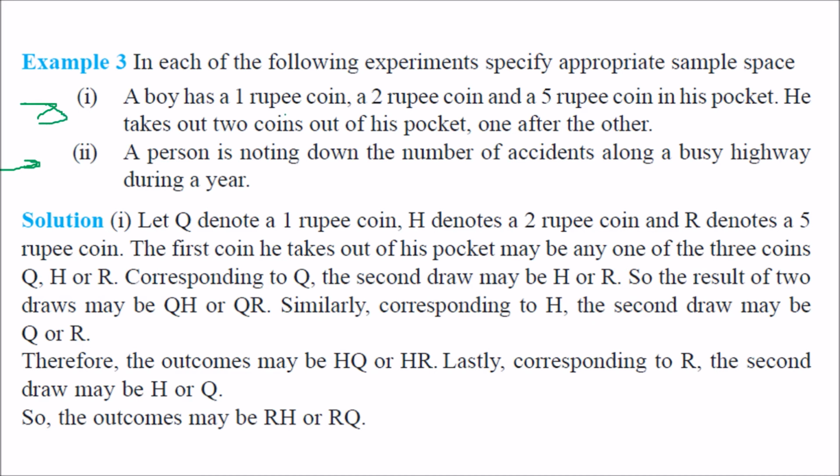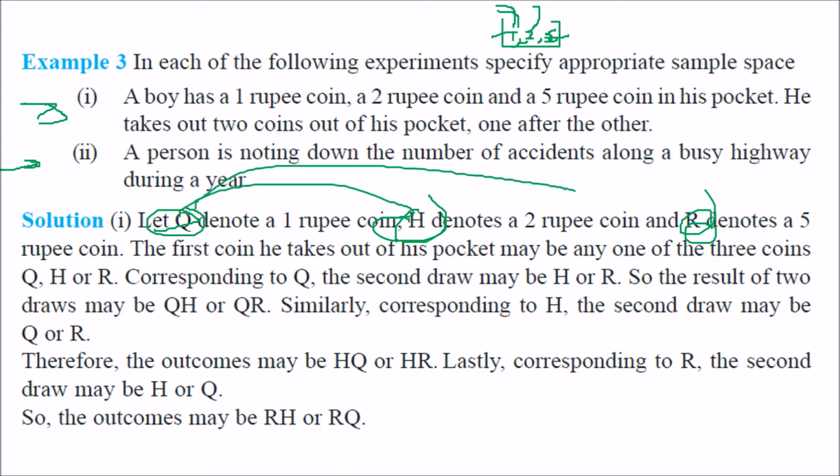Say a boy has a 1 rupee coin, a 2 rupee coin and a 5 rupee coin in his pocket. So this is the pocket. He takes out 2 coins out of his pocket. The 1 rupee coin we call Q, the 2 rupee coin we call H, and the third one is R. If we take Q, the other can be H or R. So one combination is QH and the other is QR.